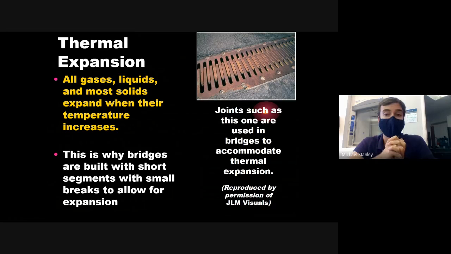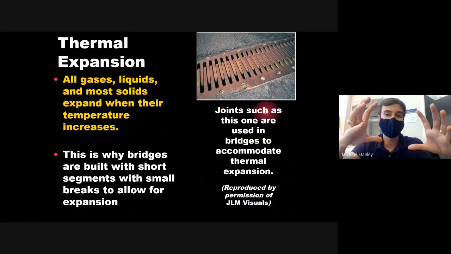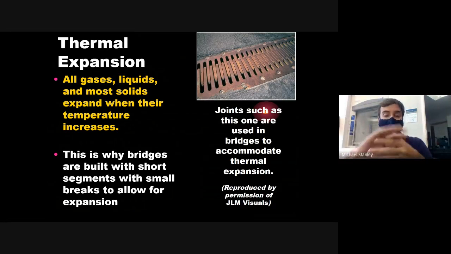People who first started building bridges out of the material noticed that they were constantly getting cracks and breaks in the bridge, because as this material expands and contracts, that can cause it to break over time. So they put these little joints in between, essentially a little built-in break in the middle of the bridge.